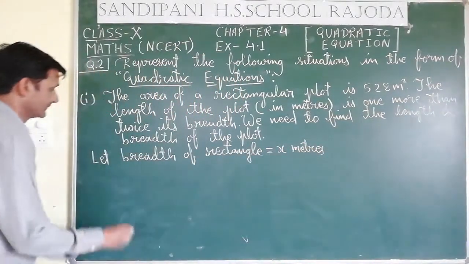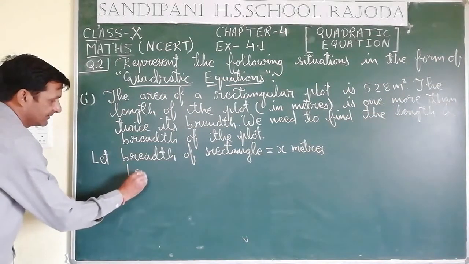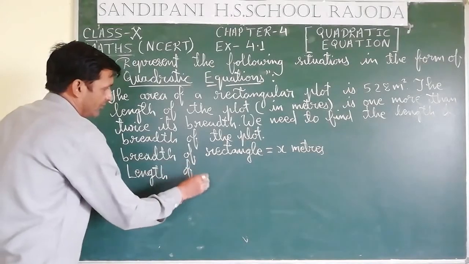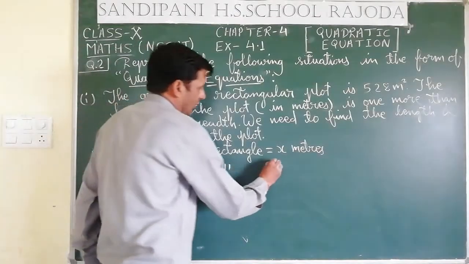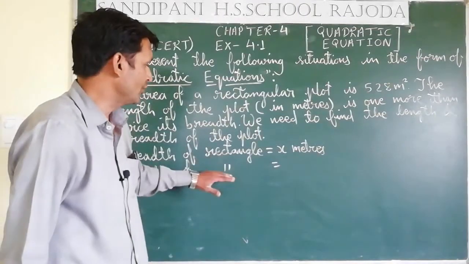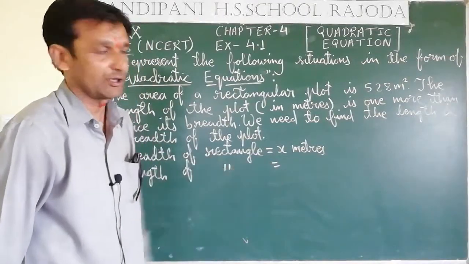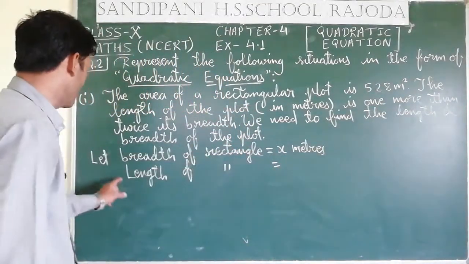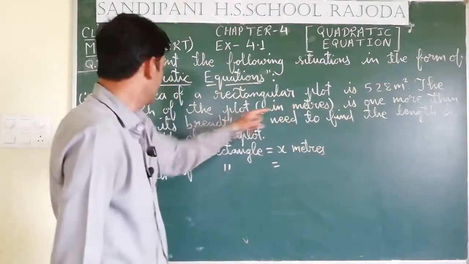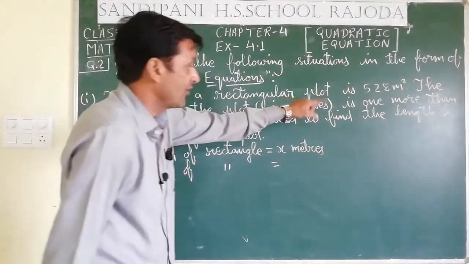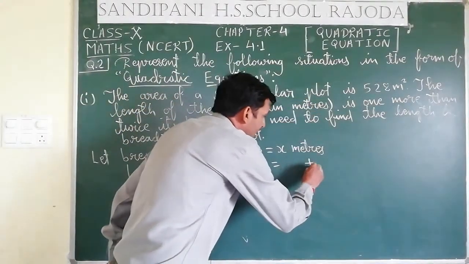Now length of rectangle or rectangular plot also you can mention. You may write rectangle also, and you may write rectangular plot. It is according to situation of the question. See, here it is clearly mentioned, length of the plot is one more means plus 1.